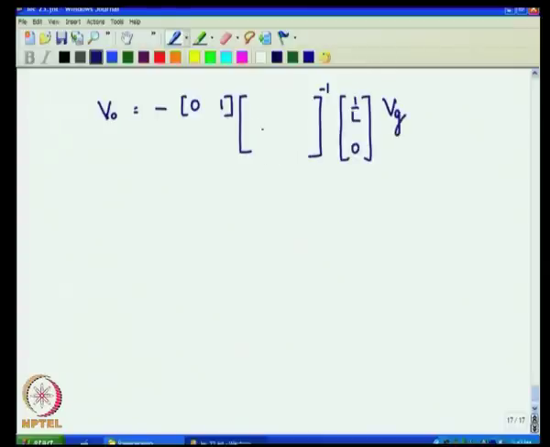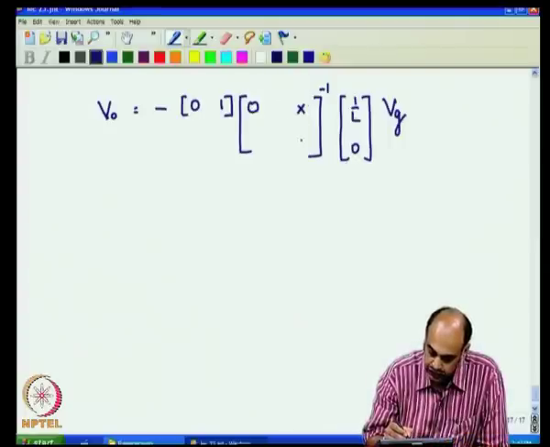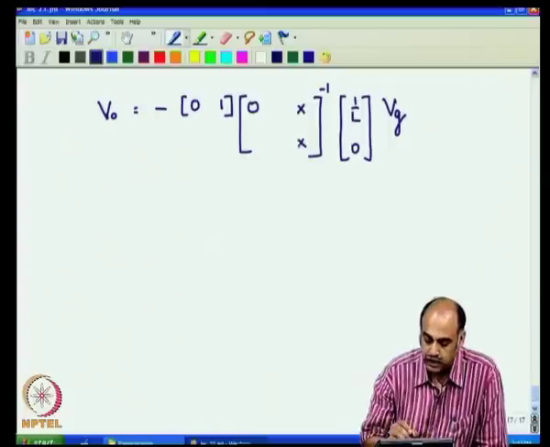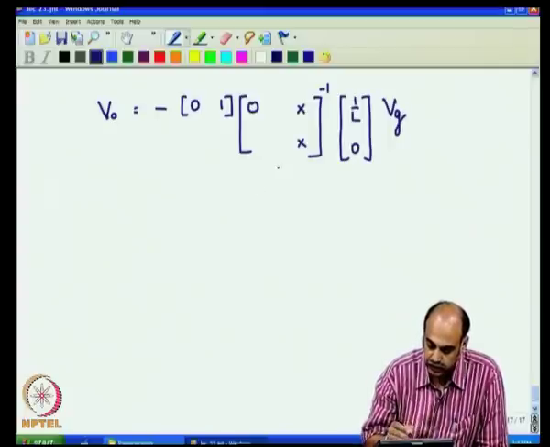Okay, we need not calculate A inverse of all the elements, because this is 0. These two are don't cares. There are values, but we are not bothered in obtaining the values. We shall obtain values only for this portion.